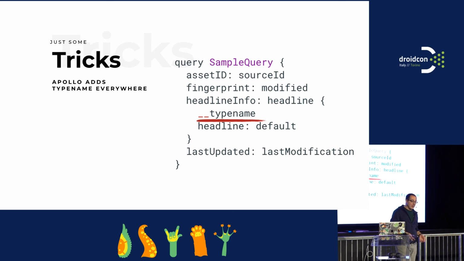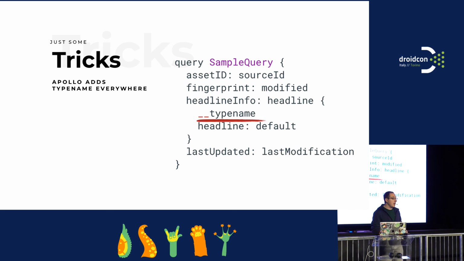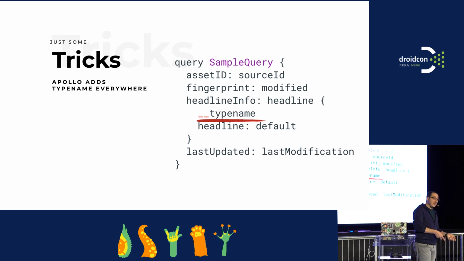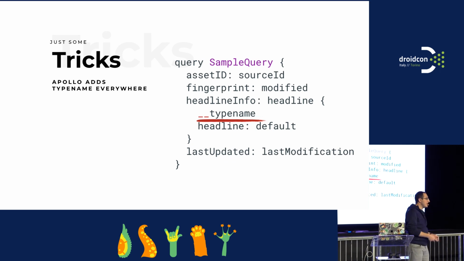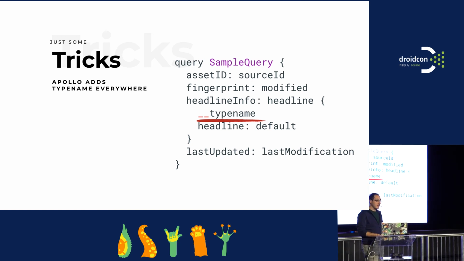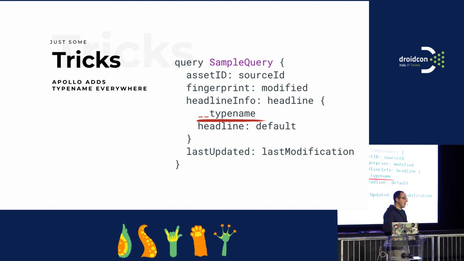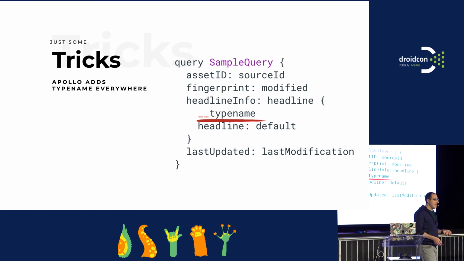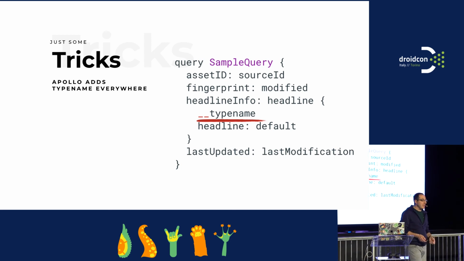Because if Apollo has that and we don't, we don't get the value. And as soon as we try to run a test with a mock response which doesn't have a type name, Apollo is going to complain and we won't be able to execute our test. Because, of course, it says, I expect a non-nullable type name, but here the value is null for this node at this position.